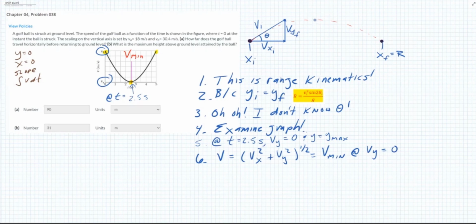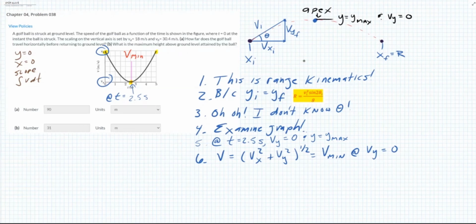So right at this tippy top point, this corresponds to y equals y max and Vy equals 0. This is called the apex. This is the apex point or the peak. So I actually know at that point, Vy equals 0, which means this.